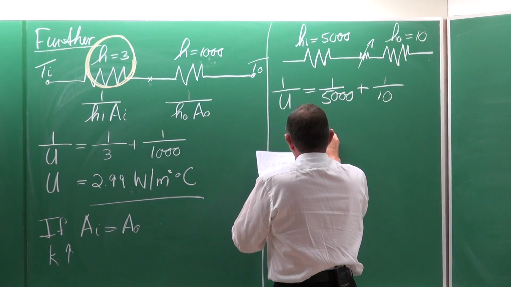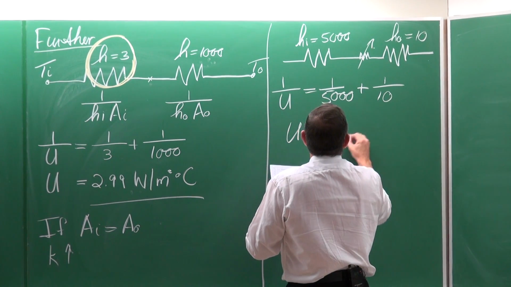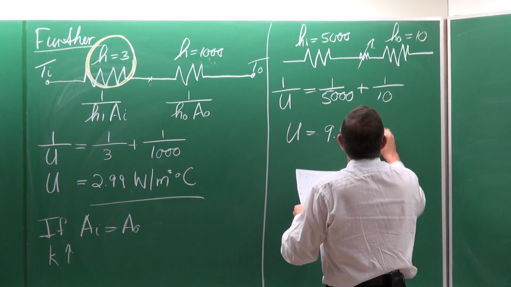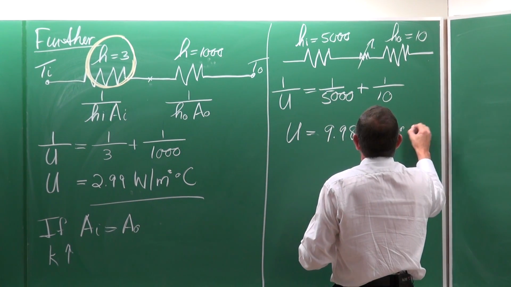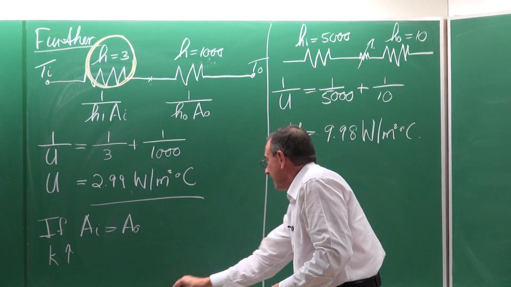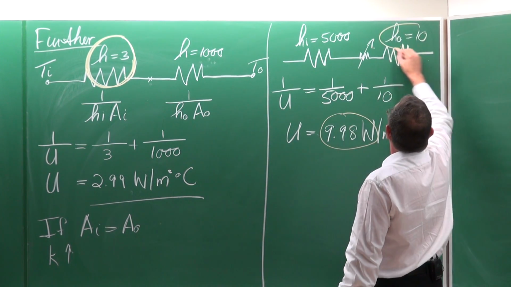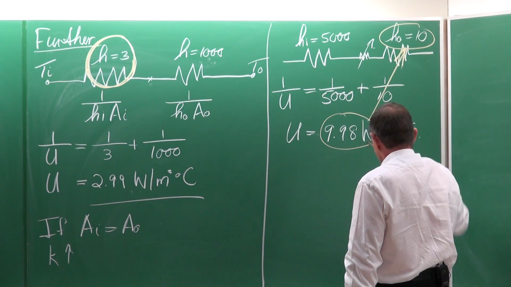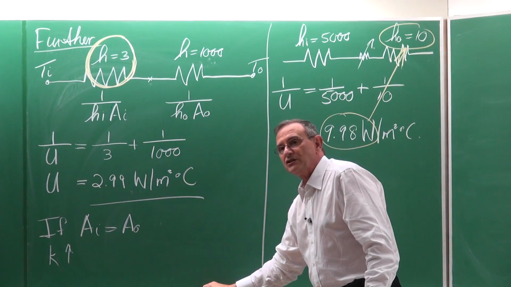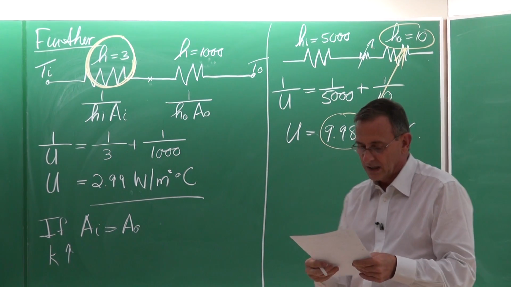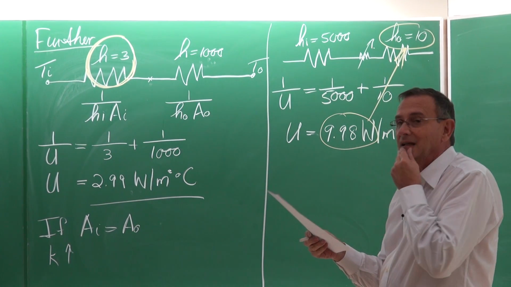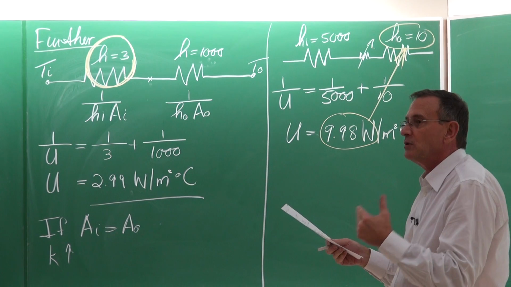So if you go and calculate the overall heat transfer coefficient, it is equal to 9.98 watts per square meter degree Celsius. Again, this answer is being determined by that value. The other heat transfer coefficient doesn't play a role. It doesn't contribute to the total resistance.